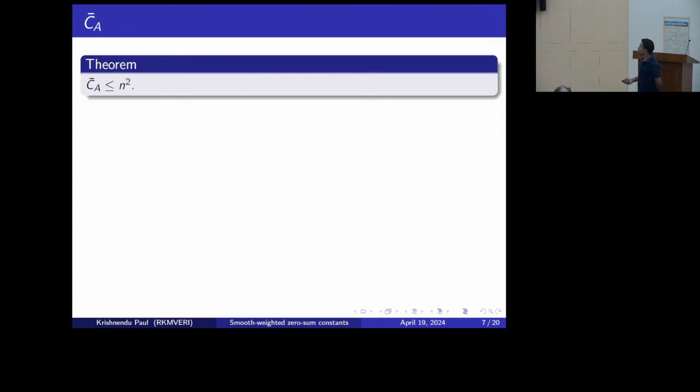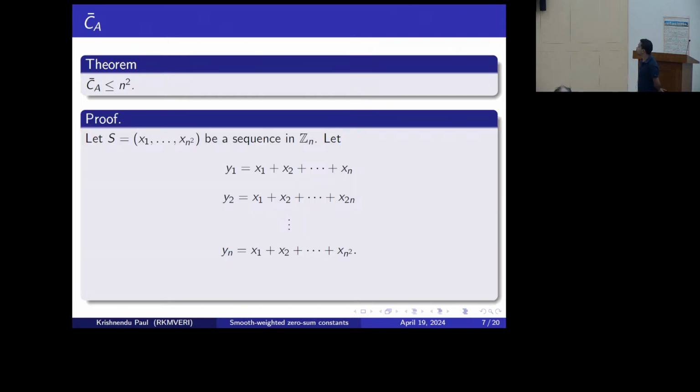Next we will calculate the upper bound for C-bar, the consecutive ones. So it is n squared. First let us take a sequence of length n squared. We are taking n partial sums so that we can use the Pigeonhole principle. Obviously we need at least n.